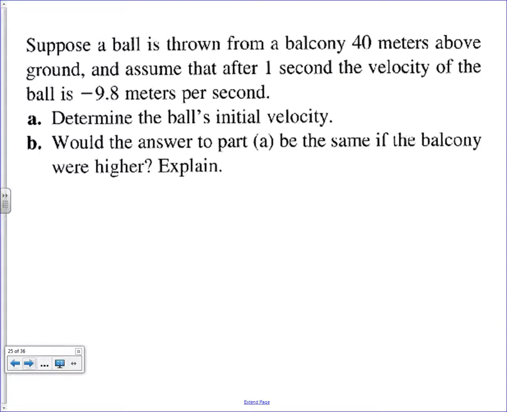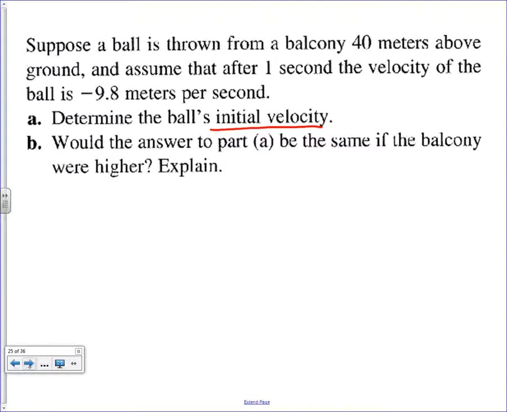So I'm not giving you everything you need to just find a limit, am I? Not at all. What piece of information is missing that they're asking me to find? If you wanted to write a function here for the height, what part are you missing? Initial velocity, which is exactly what they're telling me to find here, right?